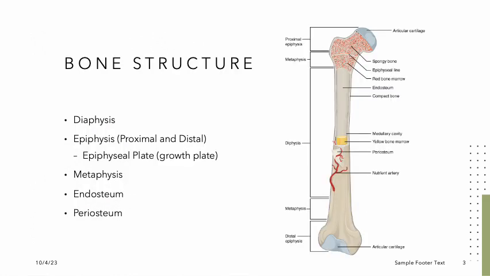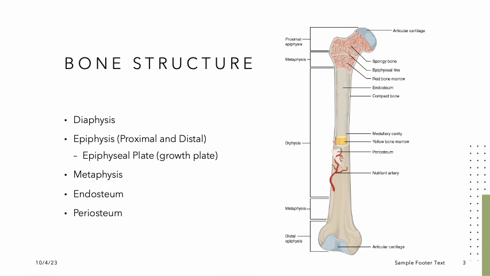So to continue on last week's skeletal system, let's talk about the structure of long bones briefly. Long bones are broken up into three parts along the length: the diaphysis, the epiphysis, and the metaphysis. The epiphysis is the end of each side of the bone, the top and the bottom.